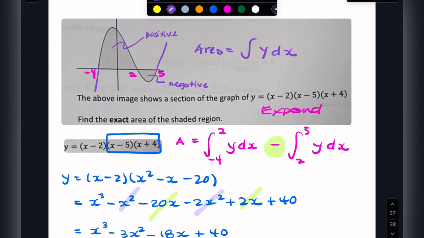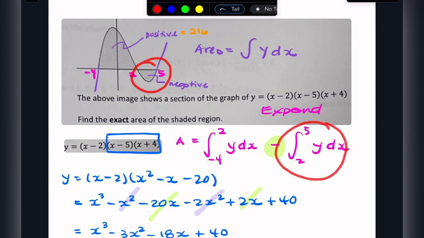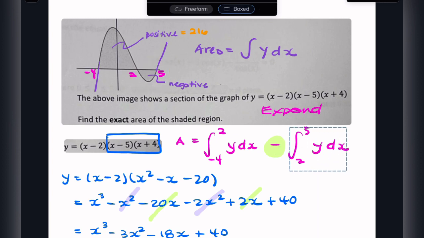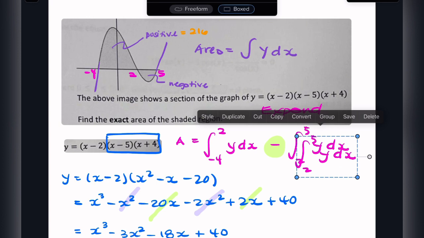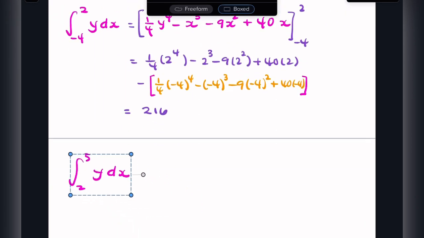So this top area we've just found, that's this integral. We found that to be 216. Now let's find this second integral. It's exactly the same. We just put in our new set of limits.